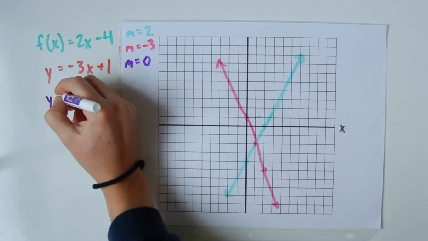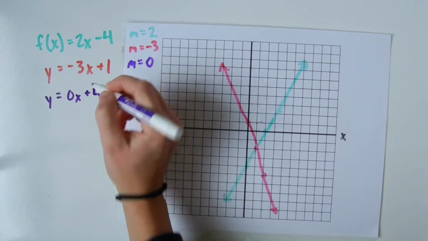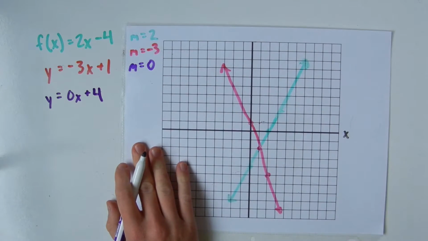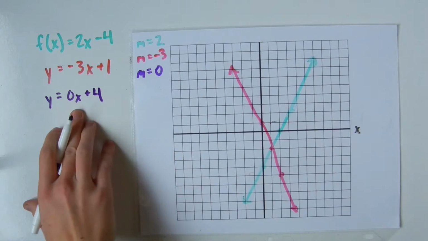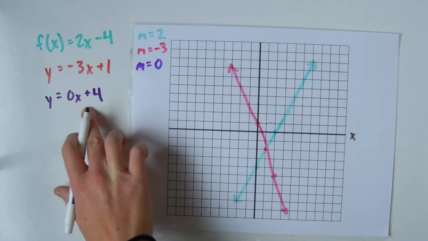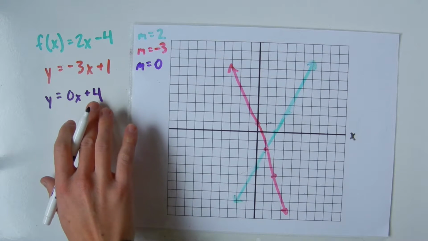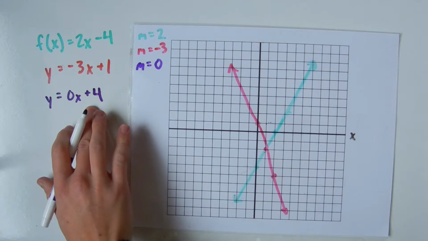Let's say y equals 0x plus 4. 0 times x is always going to be 0. So regardless of your x value, you're always going to have that y is equal to 4.